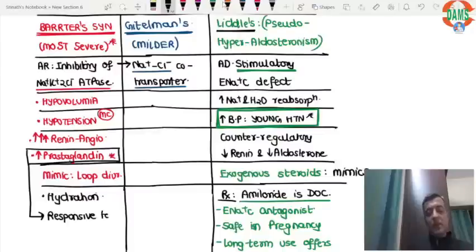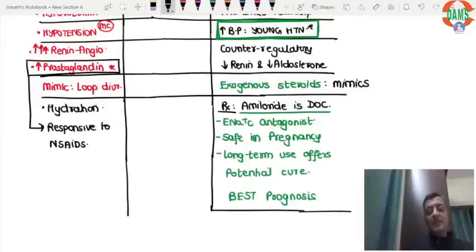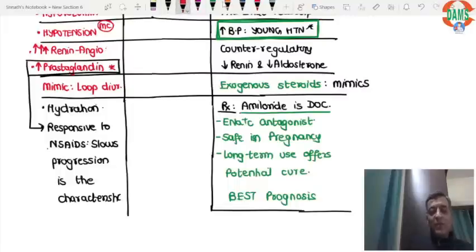Responsiveness to NSAIDs is a characteristic of the disease and slows the progression of the disease. So response to NSAIDs is a feature of Bartter's syndrome.